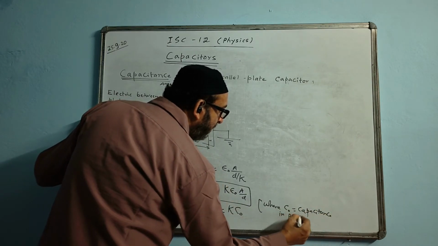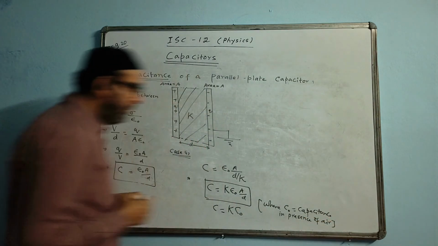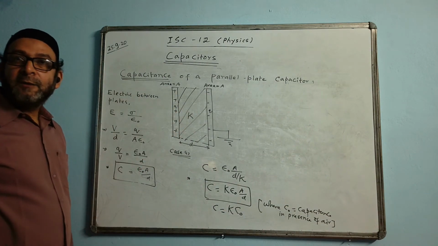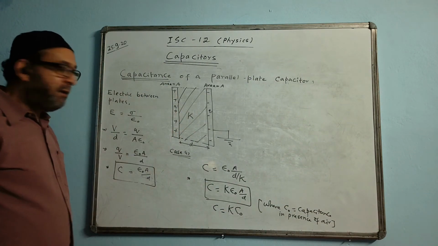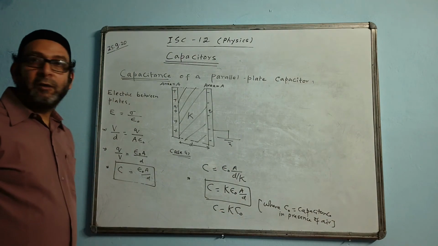When there is no medium between them, that means free space, that is air. So we got C is equal to K times C naught.